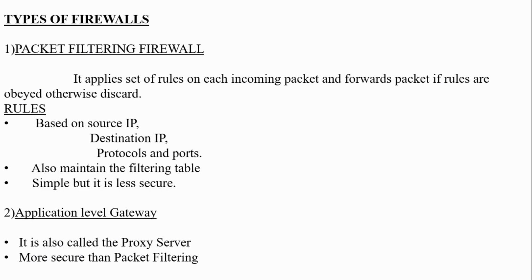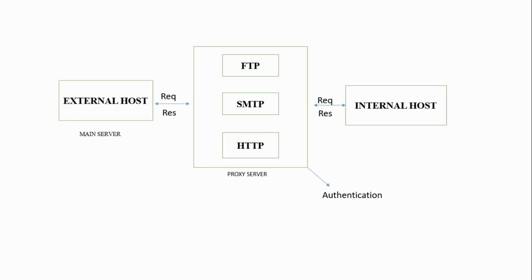Next we have the application level gateway. It is also called a proxy server and is more secure than packet filtering. Here we have the internal host and the external host, and between them the proxy server.